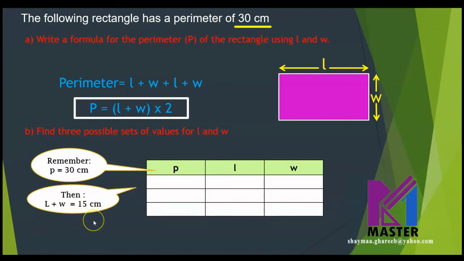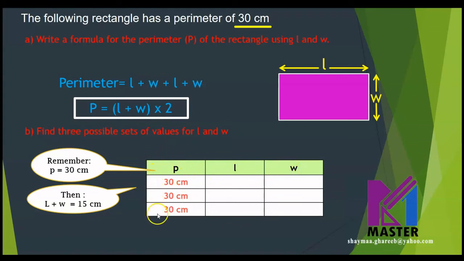This information is very important to know before you start. Find the possible values. So we said the perimeter is always 30. So I will keep the perimeter 30 centimeters. Then I need to find the possible length and the possible width.